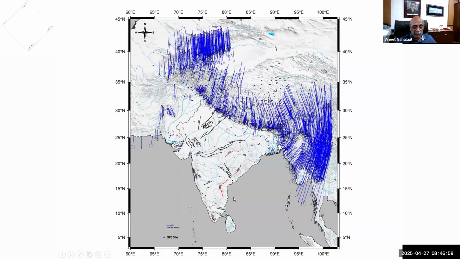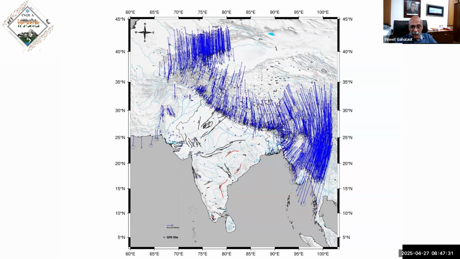There's hardly any motion here. And as you move towards north, you see a large motion here. As for example, here in the Indo-Gangetic plain, the motion is almost zero. But then as you move towards north, the motion starts increasing, right? And that's a signature that there's some convergence which is happening in the Himalayan region. And in fact, I'll come to that part a little bit later.